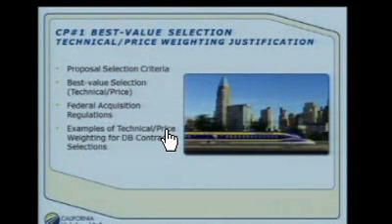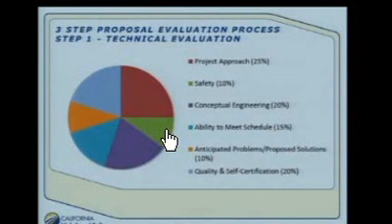So we looked to the Federal Acquisition Regulations and followed those, and we also looked at examples of technical price weighting for design-build contractor selections for other types of projects throughout the United States. And so we settled on this approach.